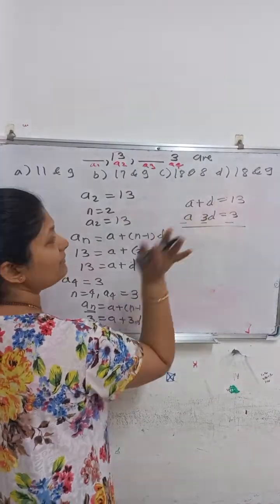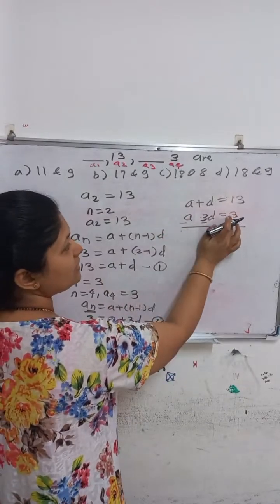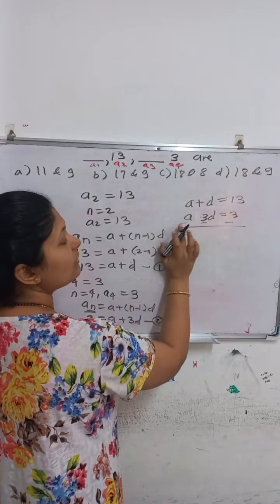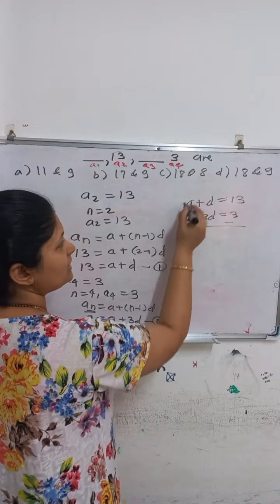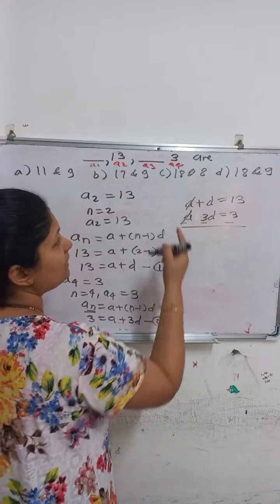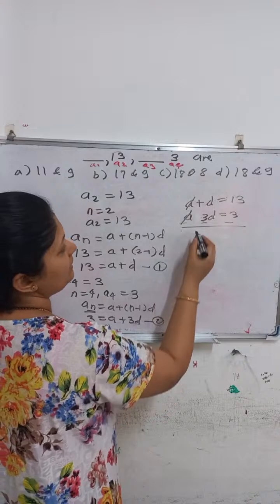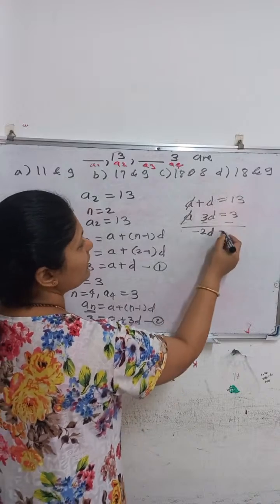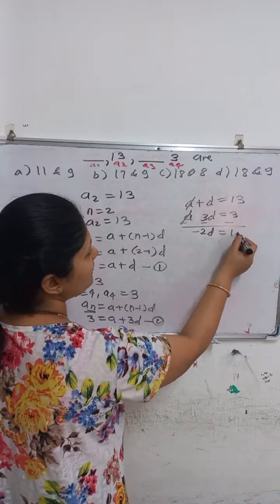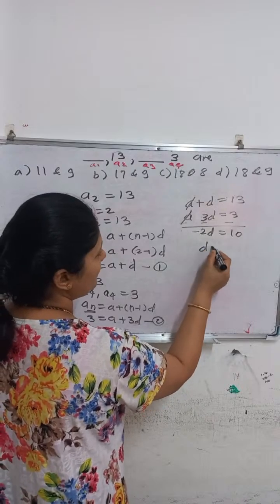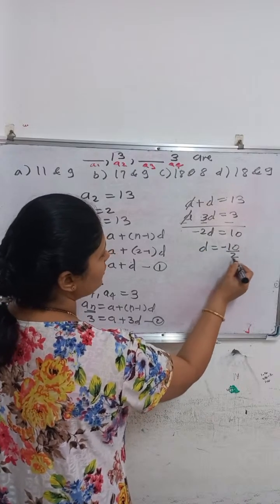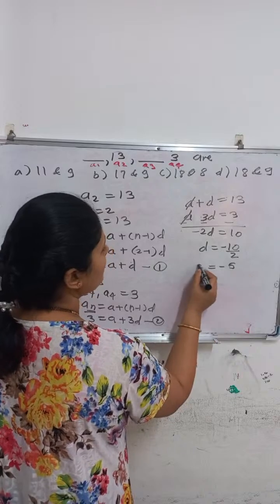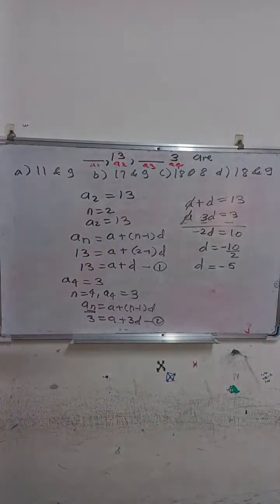Ignore previous signs. Here initially 3 is plus, so when we subtract, the sign gets changed. So a minus a gets cancelled. d minus 3d is minus 2d, and here 13 minus 3 is 10. So d is equal to minus 10 by 2, that is, d is minus 5. Can you get this?